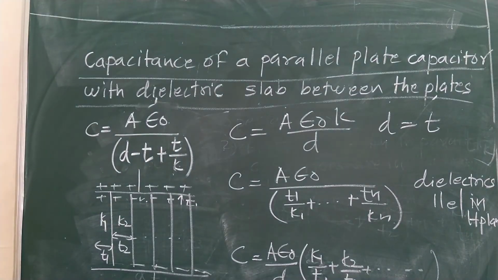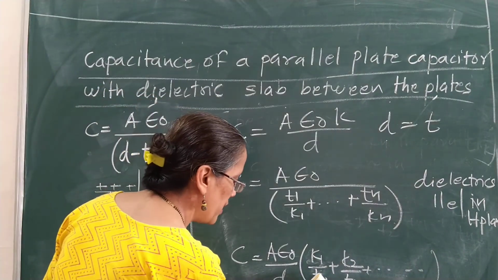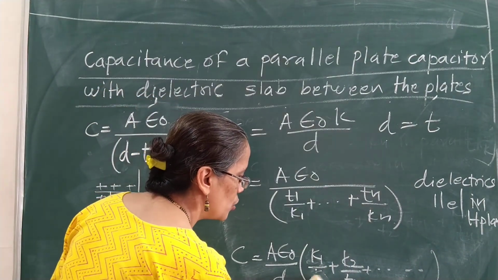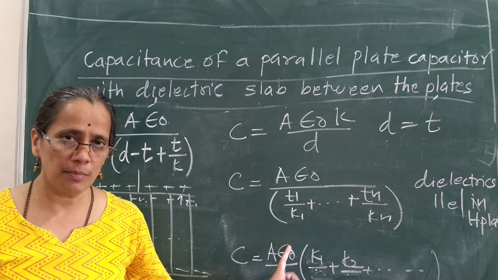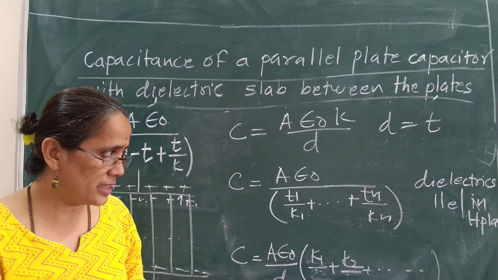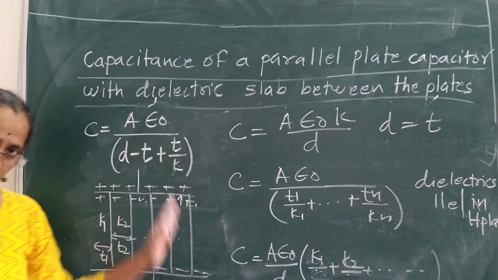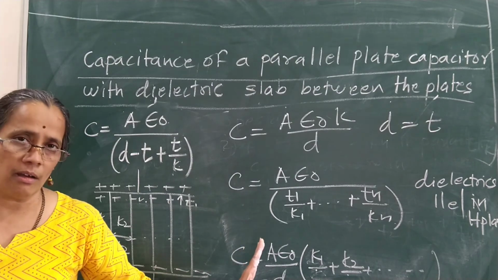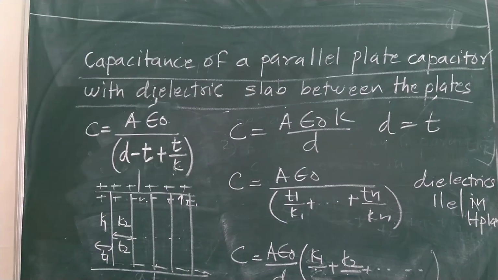So in that manner you can complete it. Furthermore, this formula is also modified. Your T1 plus T2 all get arranged in series, so instead of that I can simply write it as D. And this combination will be when your dielectrics are arranged in parallel combination but in the vertical. So these are the different forms. Okay, fine.